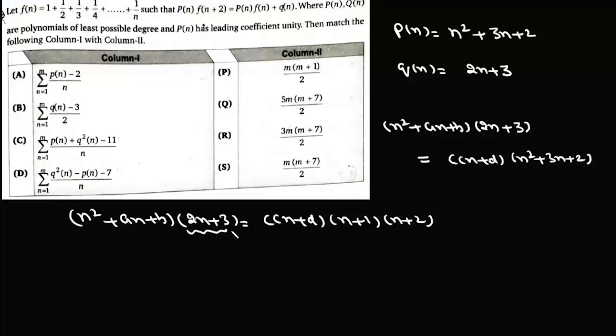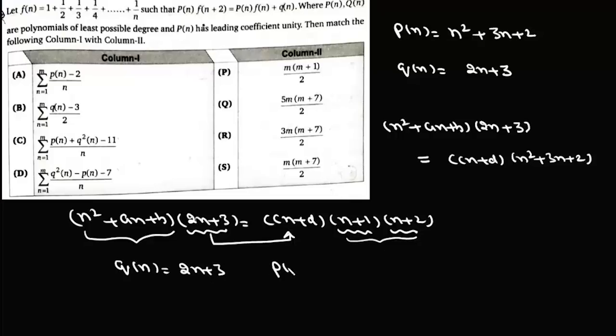Now 2n plus 3 cannot be equal to n plus 1 or n plus 2. That means this 2n plus 3 must be equal to cn plus d. So clearly Qn will be 2n plus 3, and this expression Pn will be equal to this quadratic. So this Pn will be simply n square plus 3n plus 2. So it is a much faster way to find the value of Pn and Qn.